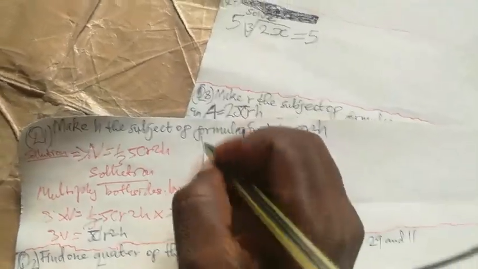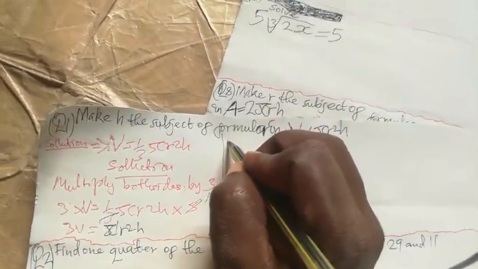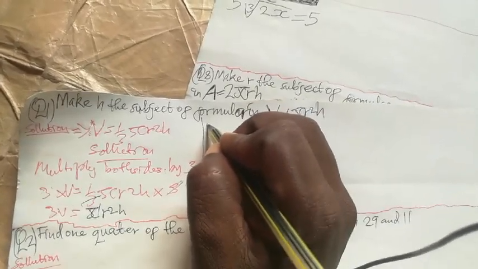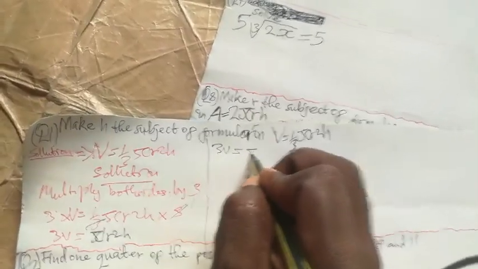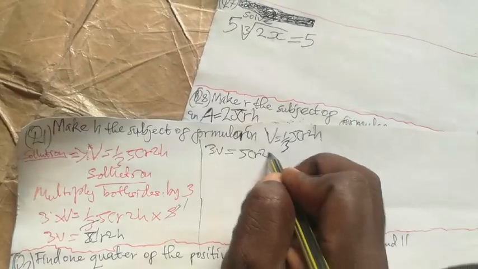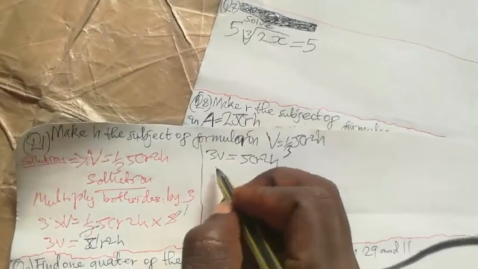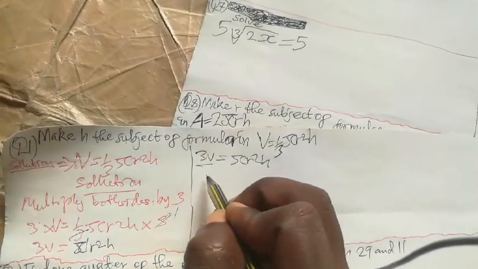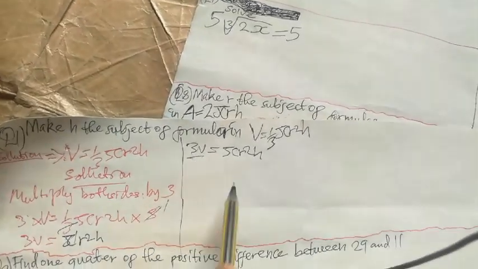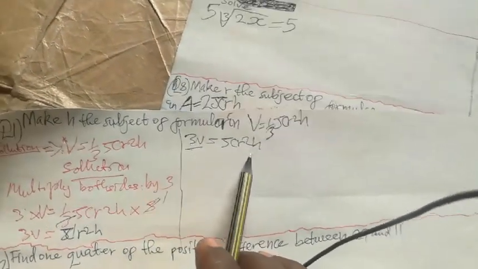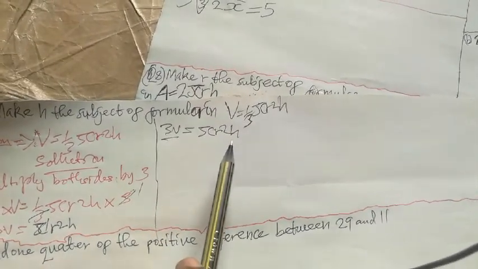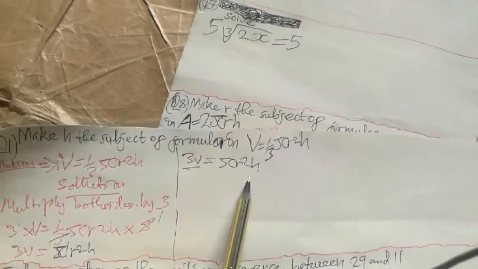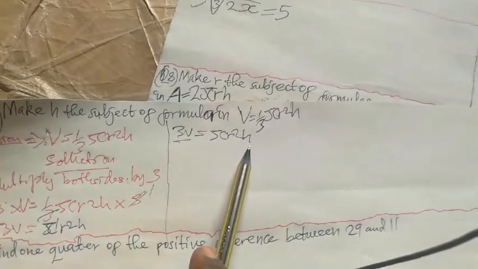Hence, we do it like this. This will give us 3v is the same as pi r squared h. We divide both sides so that we are remaining with h on the right hand side.